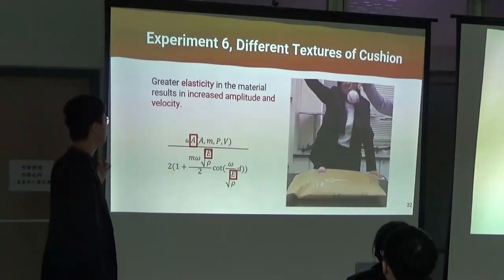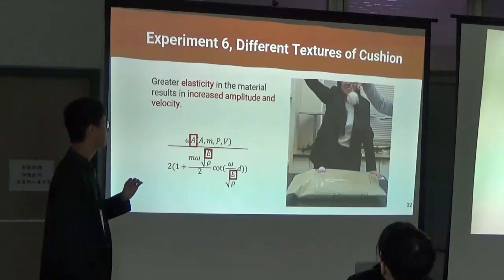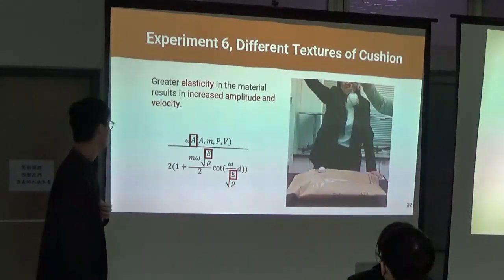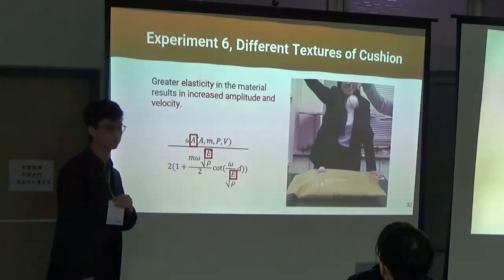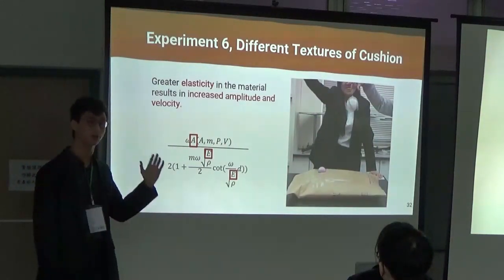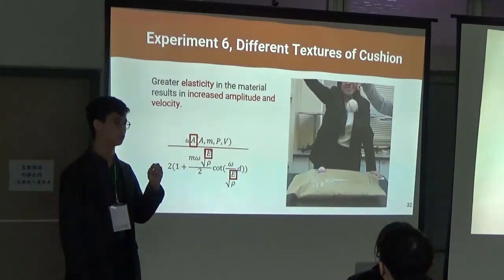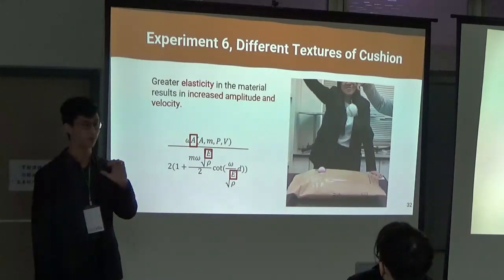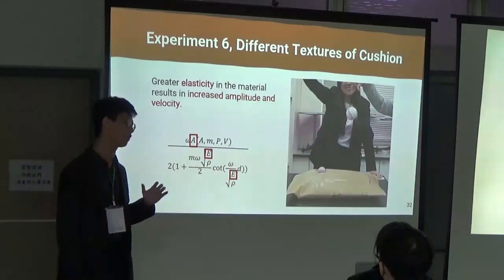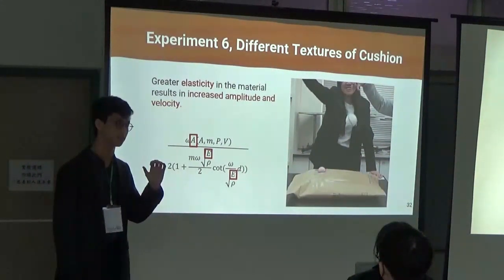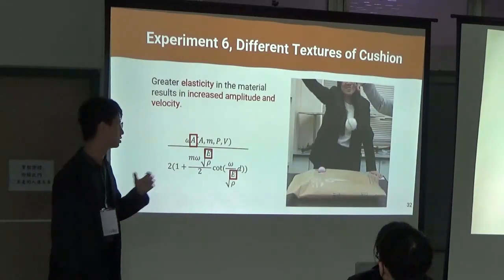For experiment 6, we investigate the different textures of cushion. In the theory part, we discussed the Young's modulus and the density of the cushion's effect on the frequency of the wave it creates.